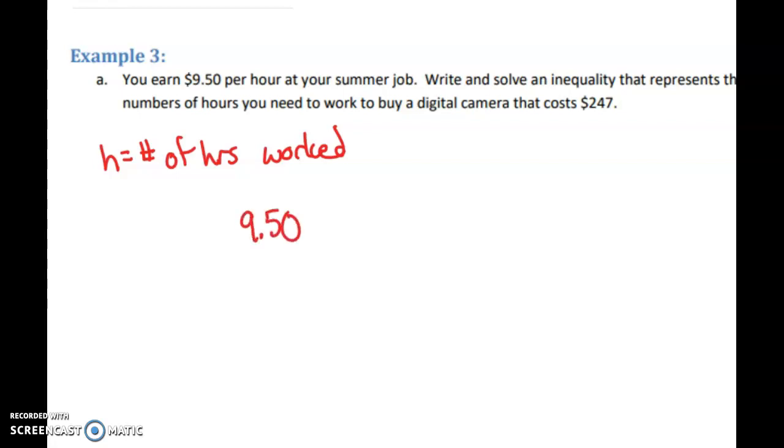So $9.50 times however many hours you work, so times H. Now, if you want to buy a digital camera that costs $247, that means you could have exactly $247 and the store would be okay with it. You could have more than $247, but you can't have less than, because if you said, hey, I only have $200, they're not going to be able to sell it to you. So it's $247 or more, that's greater than or equal to.